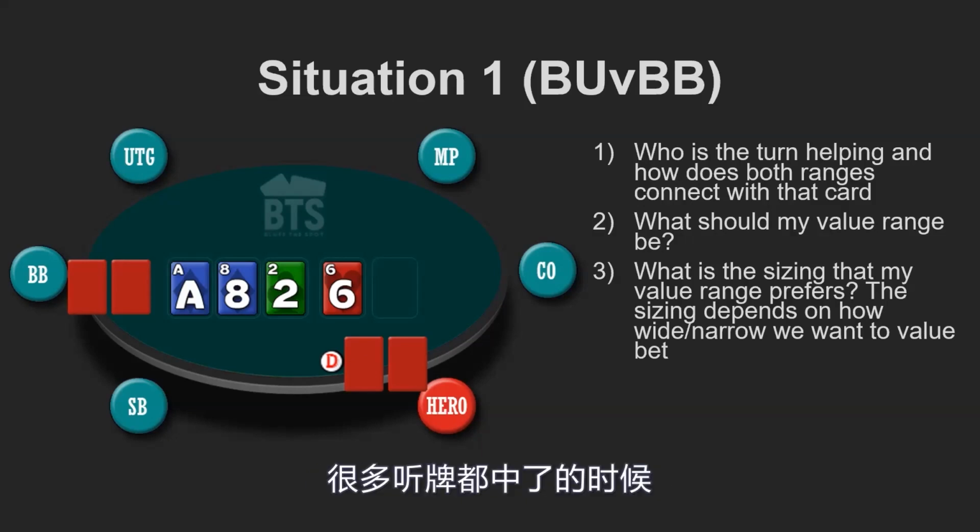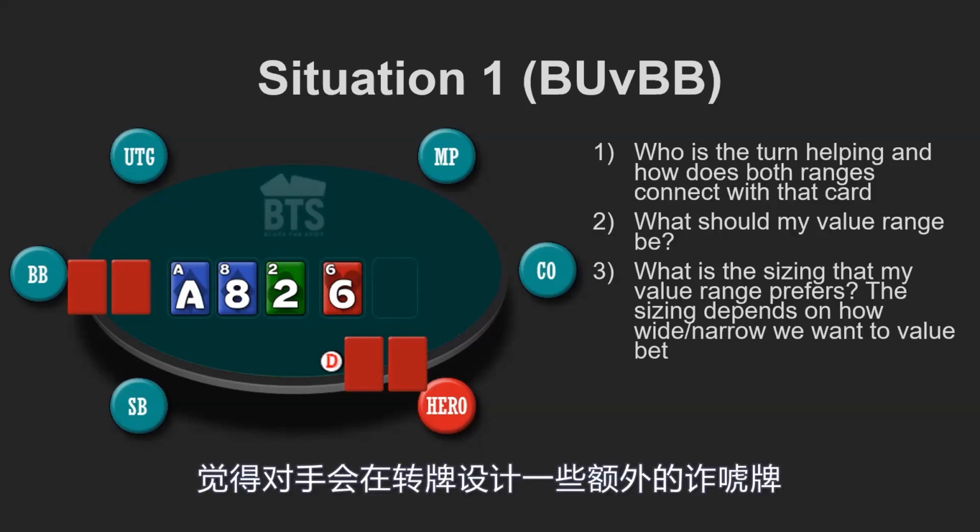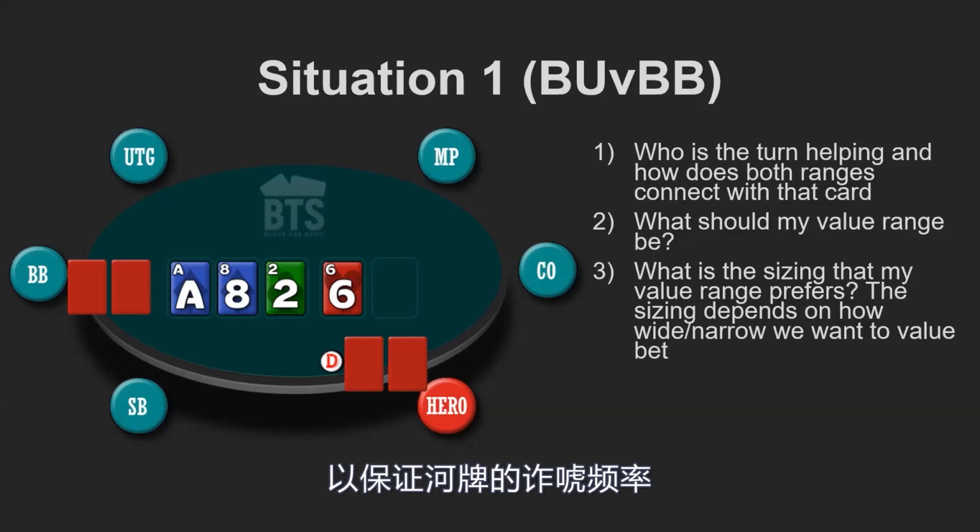So when everything gets there, guys, just don't think about it and just overfold. Because if you're saying to yourself, villain needs to turn unnatural types of hands into a bluff in order to have some bluffs, those are the spots where we have to overfold massively.